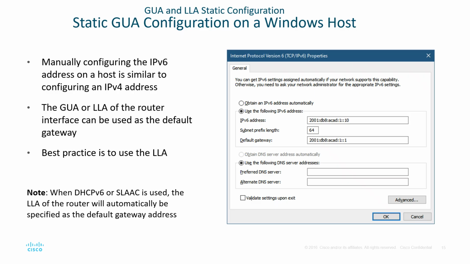If you do not assign one, the router will assign one because it needs it in IPv6. When DHCPv6 or SLAAC is used, the LLA of the router will automatically be specified as the default gateway address.